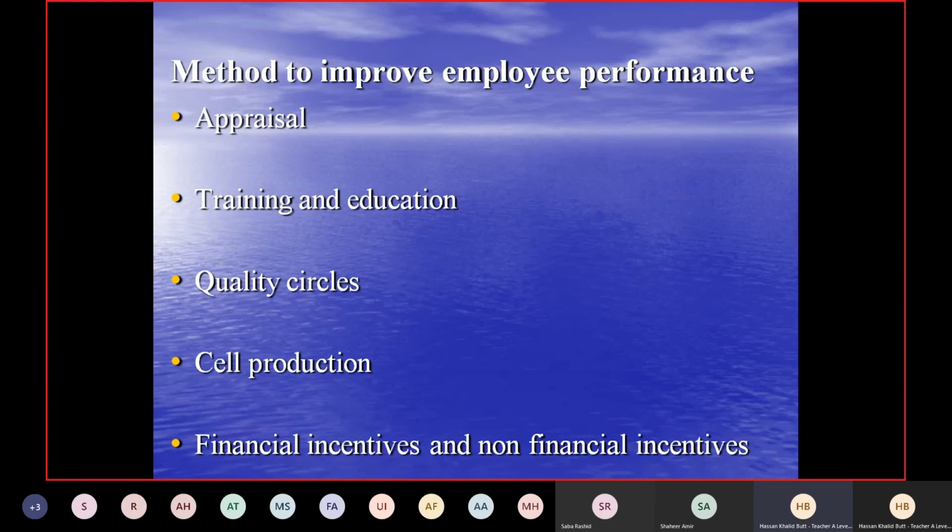For example, if the company has given them a car or a house, again it gives them status, or recognition as well. Workers may feel that yes, they are an important part of the organization. They are holding a post which is very important, and that is why I am getting such facilities. So in both cases, the performance of the employee can be improved, but again depending upon the nature of the workers, what kind of incentive can help them.